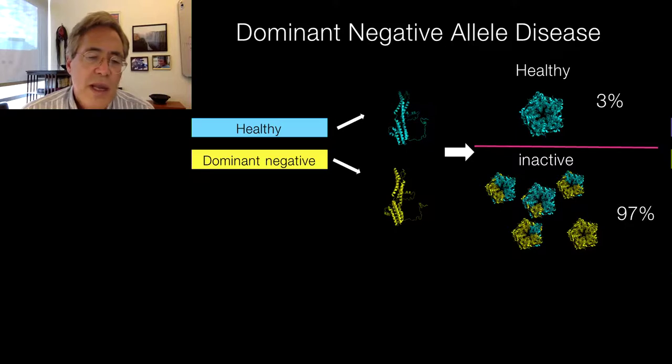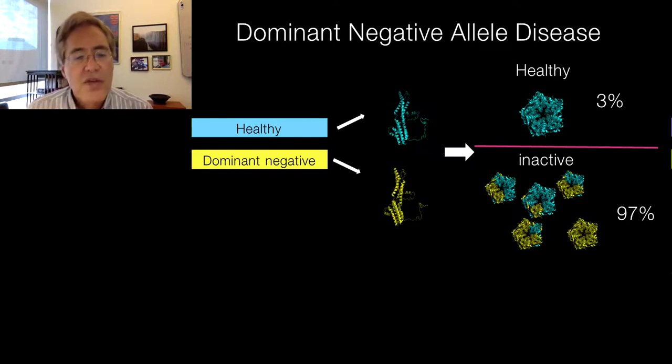But in any case, these channels are now inactive. And so even though only 50% of the protein is disease causing, because it's this homopentamer, 97% of the pentamers are poisoned in one way or the other. So essentially, the phenotype of the severe types of mutants is in fact very similar to a patient with a knockout of the best protein.